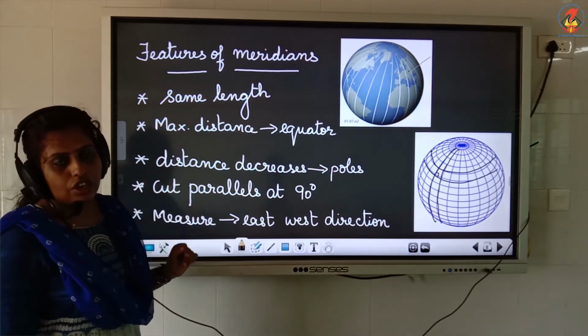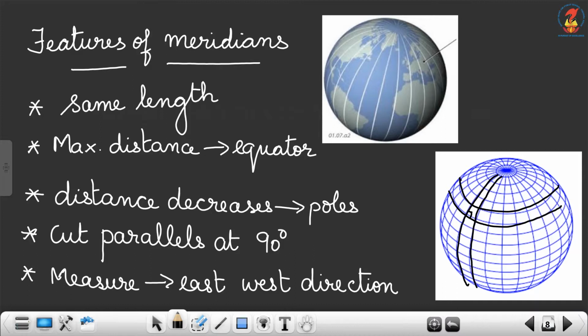The first feature was that they are of the same length. The second feature is that they are at maximum distance when they are at the equator. The third point was, when they reach the poles, what happened? The distance between the meridians decreases.